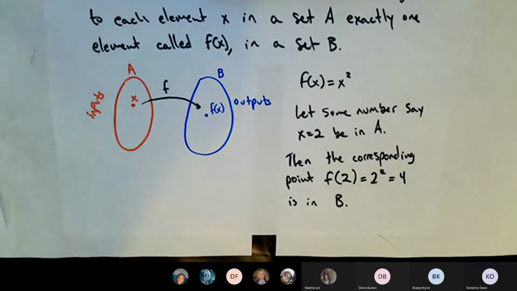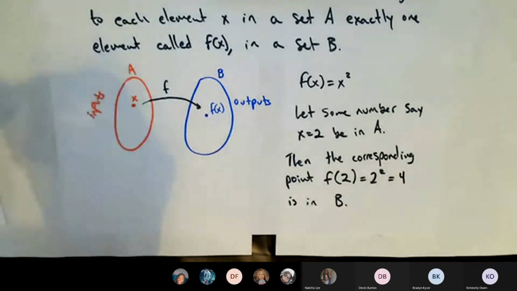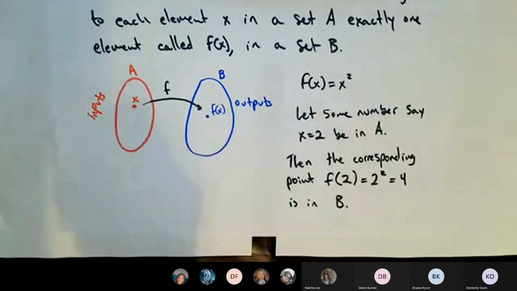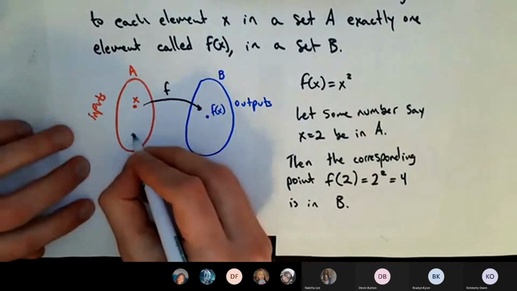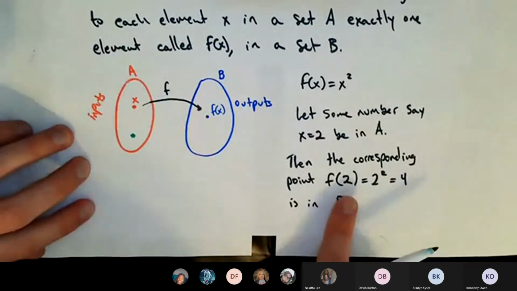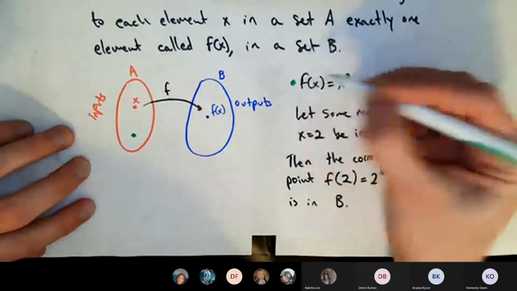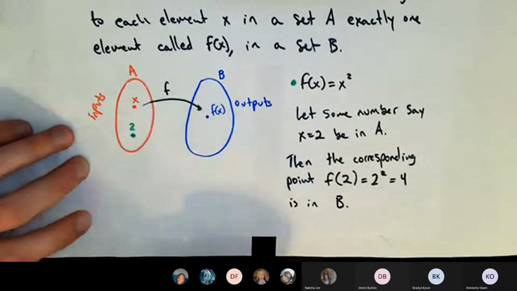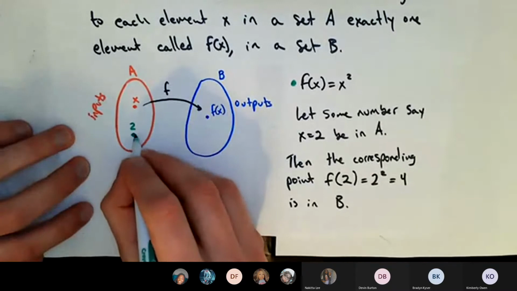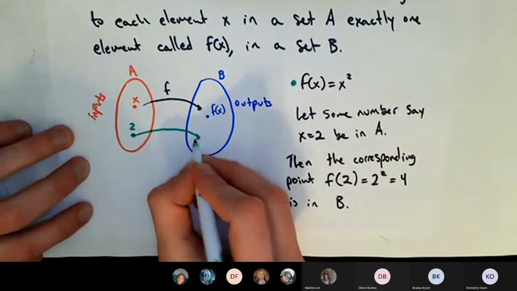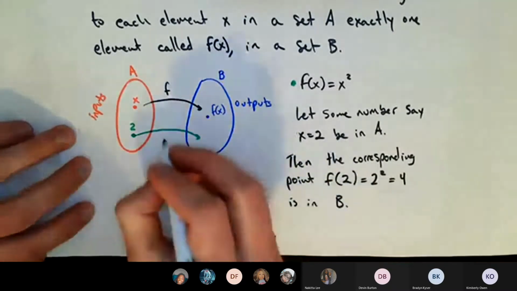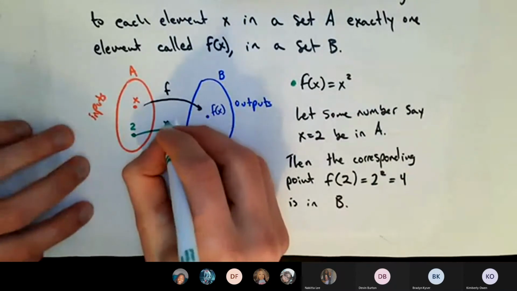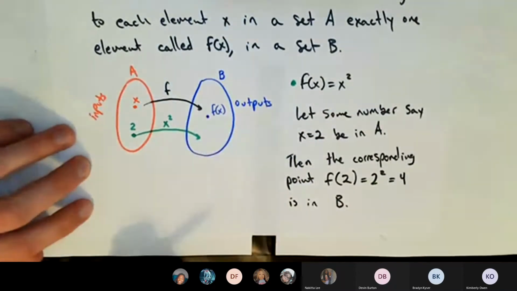So if I draw my little picture, which I'll do with this explicit example, I'll draw it all in green. Then the input element is 2. The thing mapping it across is that rule, the x squared rule, so I'll just say x squared here.